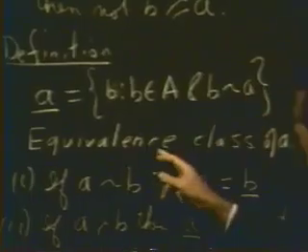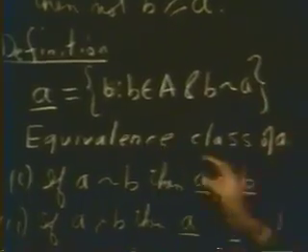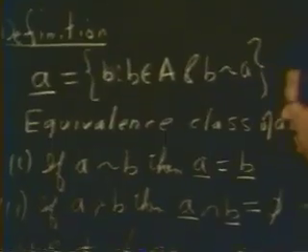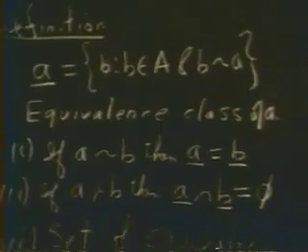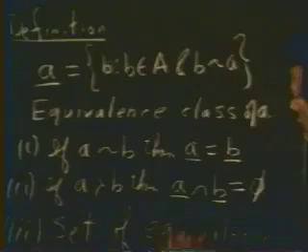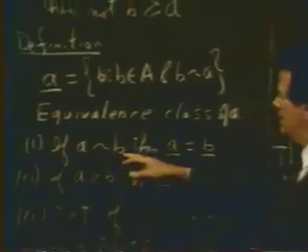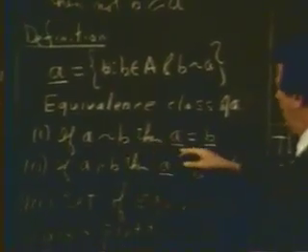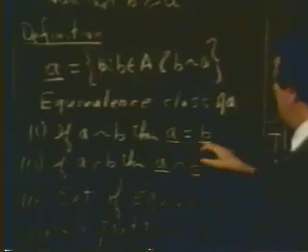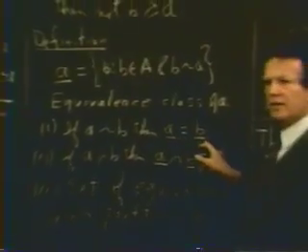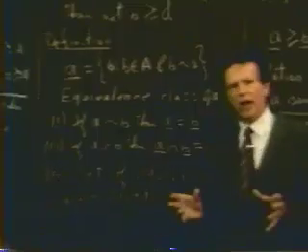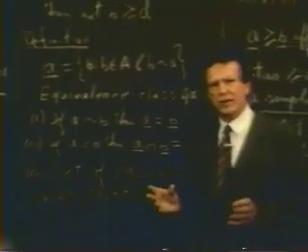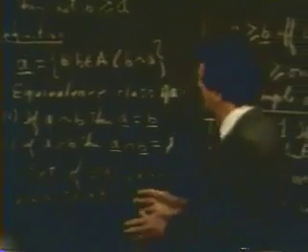So the terminology "equivalence class of A" is a natural terminology. And there are some elementary properties that we'll leave for you to prove for yourself. If A is equivalent to B, then the equivalence class of A is identical to the equivalence class of B. In other words, two equivalent objects define the same equivalence class.